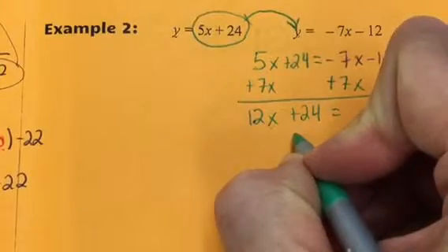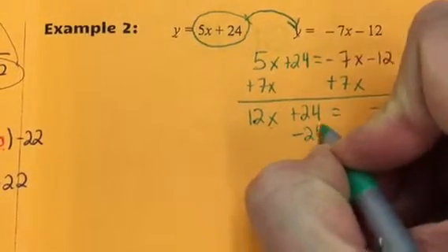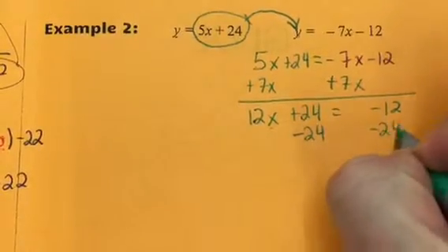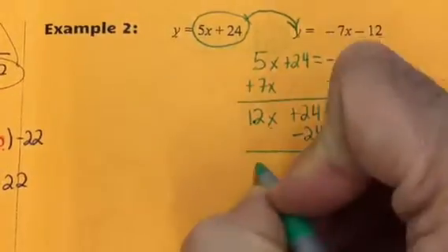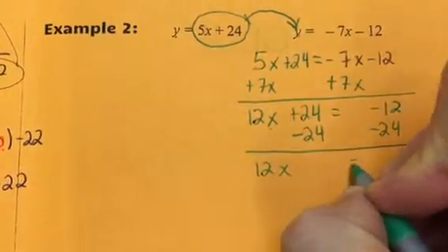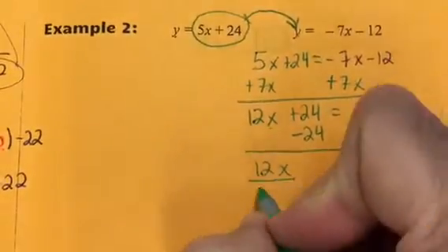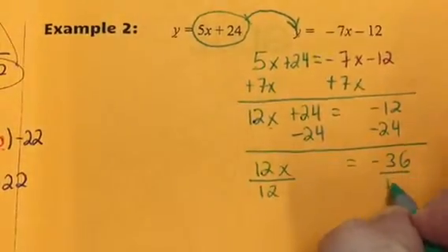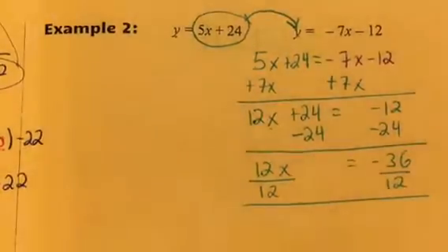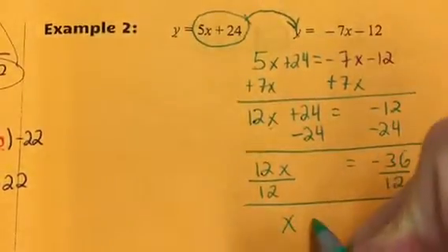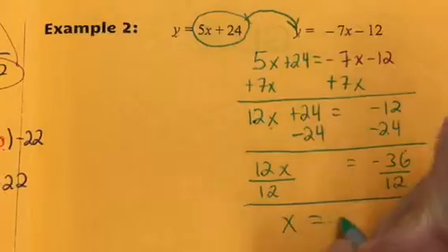Get x alone by first subtracting your constants. 12x equals negative 36. Now we're going to divide. X equals negative 3.